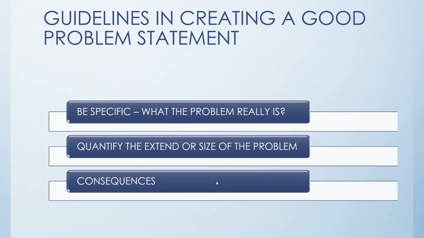So you must state what is the problem, apa masalahnya, quantify the extent or size of the problem, and then you mention the consequences. So these 3 elements can make a good problem statement.